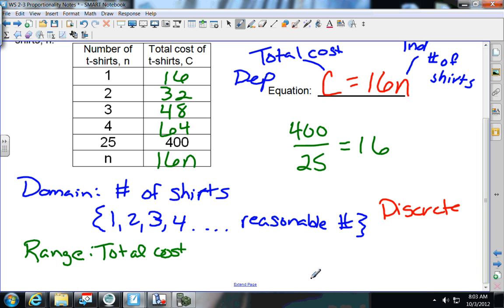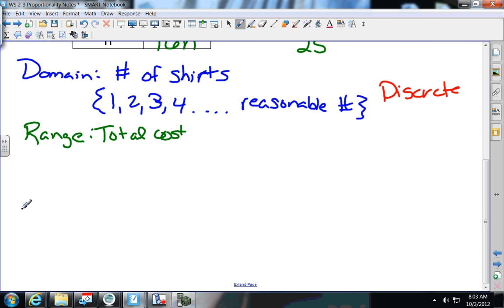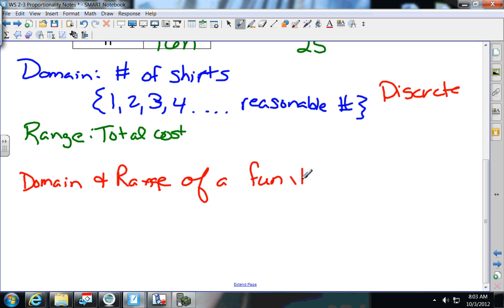But what if the problem said, what is the domain and range? That's kind of key to you because they're asking both. Range of a function. What is that saying? Of the equation, right. And the equation is 16x.